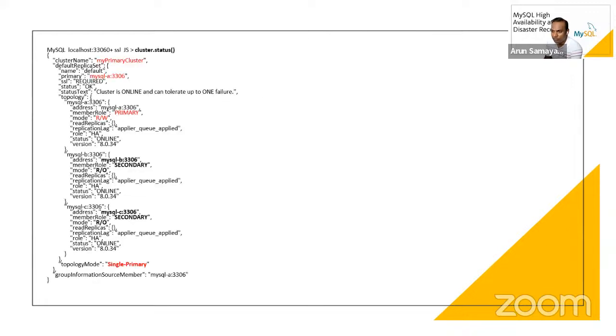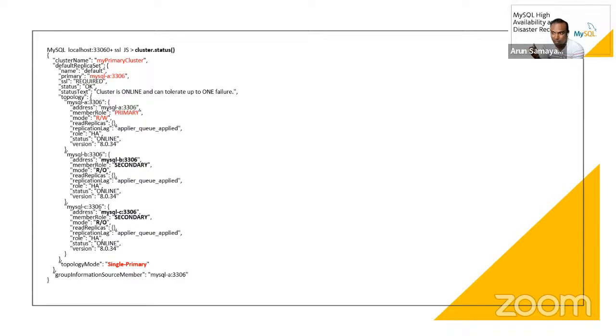Once we set up a basic cluster, which we will see shortly, as a precursor I wanted to quickly touch upon a few important points. Once an InnoDB cluster is set up, if you run the cluster.status command, it tells me I have named my cluster my primary cluster, and my primary is MySQL A. The port it is listing is the default port, 3306.